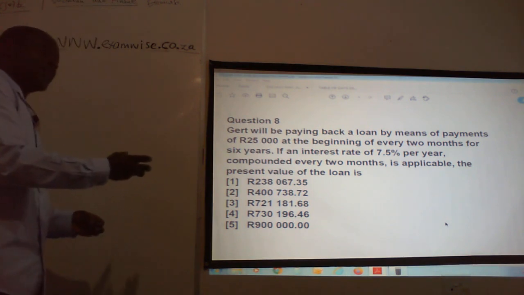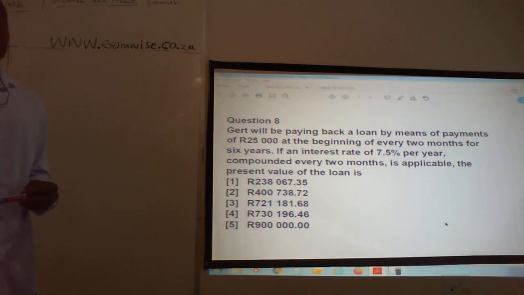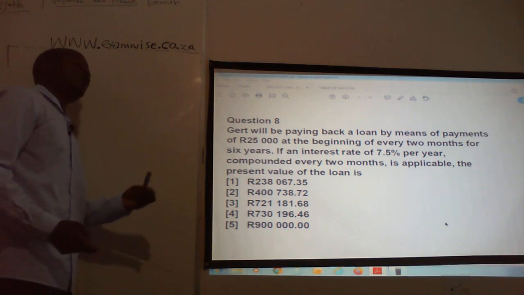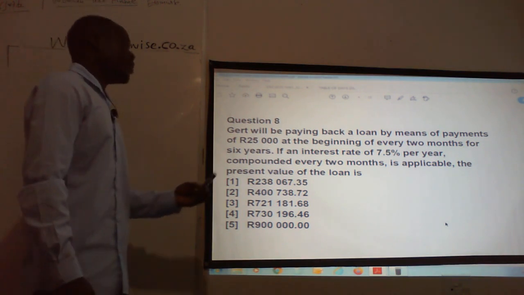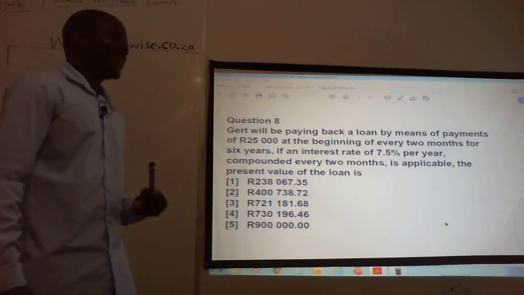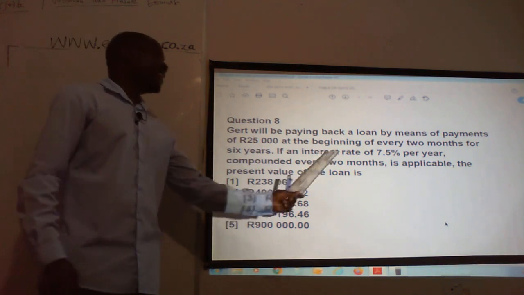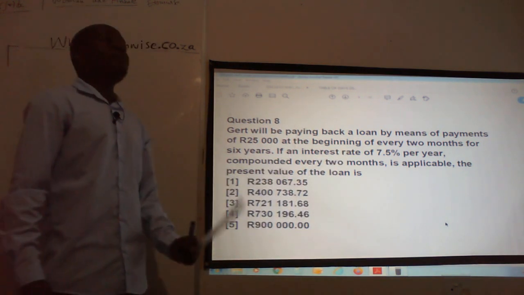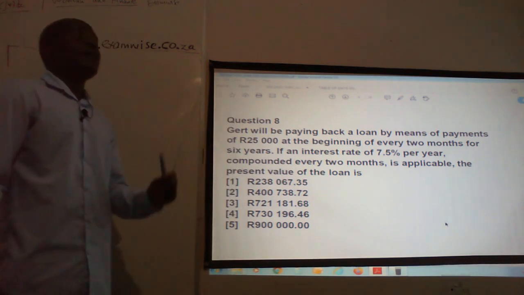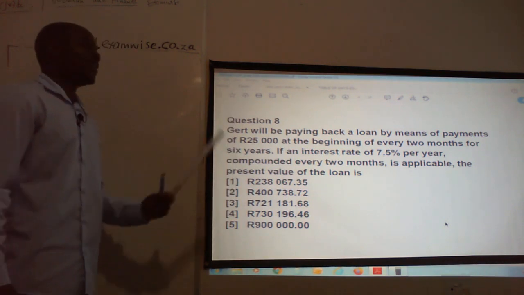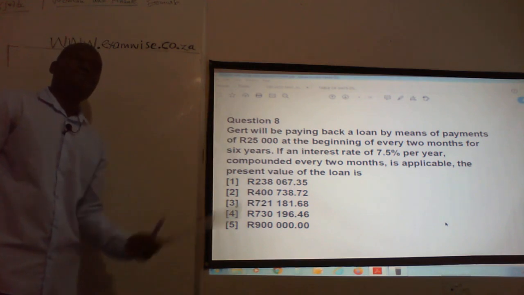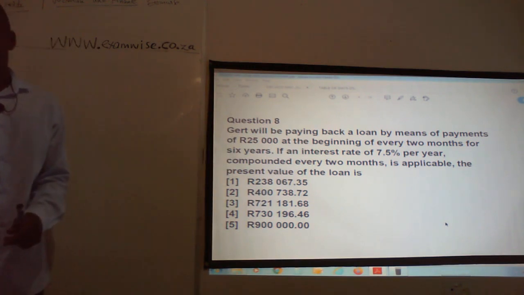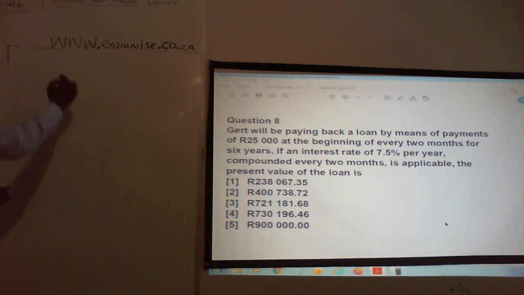Here they clearly indicated at the beginning, so payments are made at the beginning of each second month. So we have an annuity due.